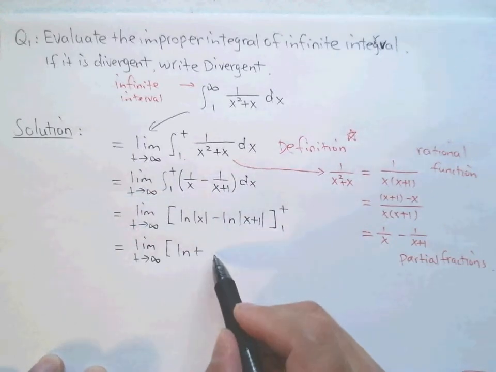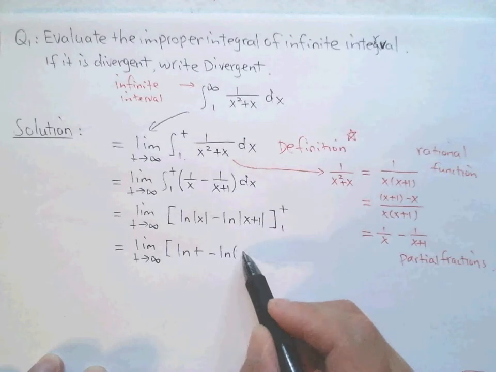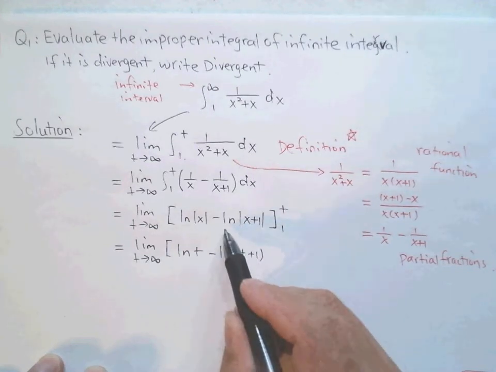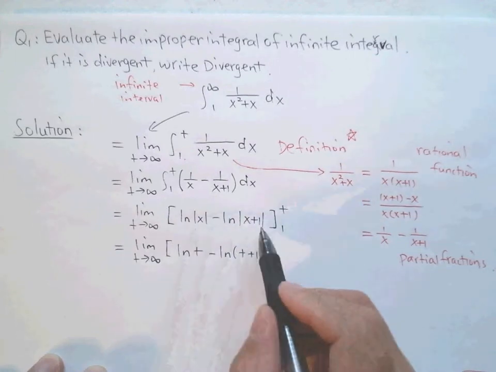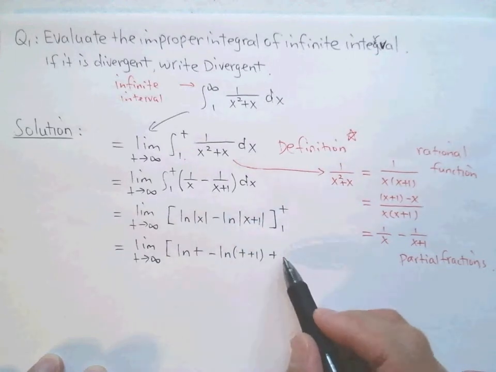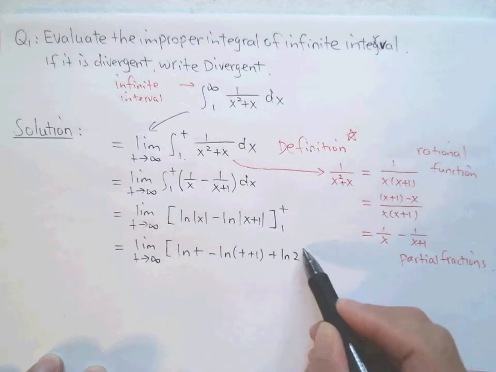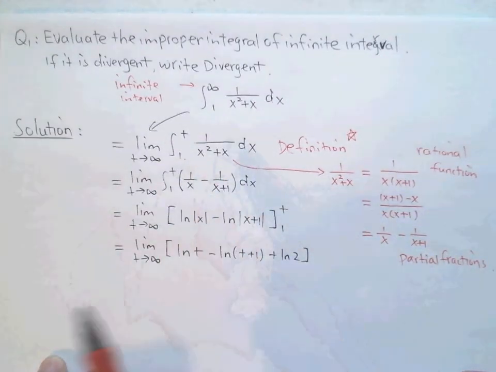It's ln t minus ln of the parenthesis t plus 1, and then minus the value at 1: ln 1 is 0, and here is negative ln 2 minus a negative ln 2, which means plus ln 2. The first step is done. We have already evaluated the definite integral.